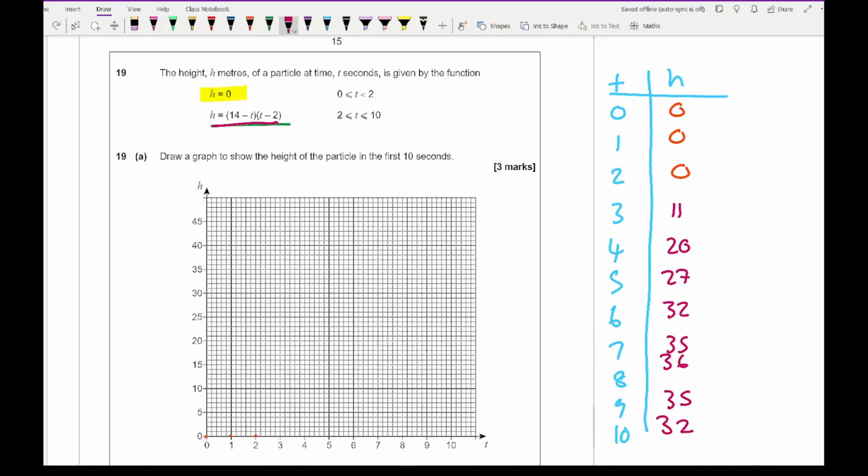So at 3 it's at 11, then at 4 it's at 20, at 5 it is at 27, at 6 it's at 32, at 7 it's at 35, at 8 it's at 36, at 9 it's at 35, and at 10 it's at 32, which is there.